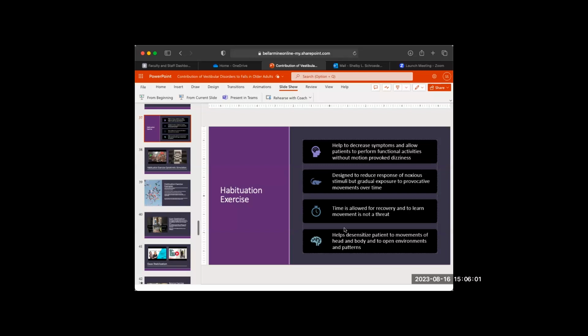Okay, so the question is about precautions after having treatment for BPPV. Do they still give precautions after this? So this Dana was put in a neck collar, had to sleep sitting up. So the research has shown that this is not necessary.